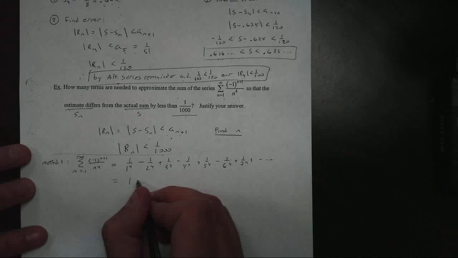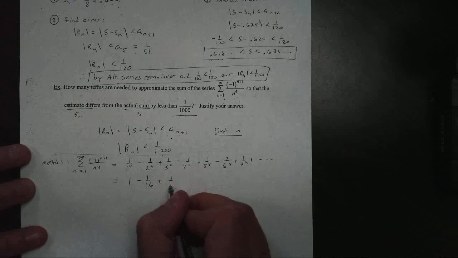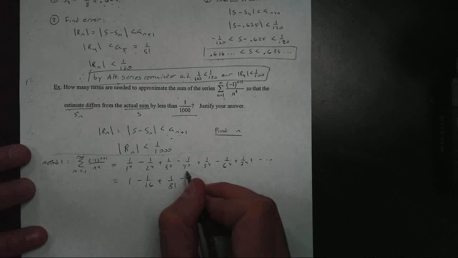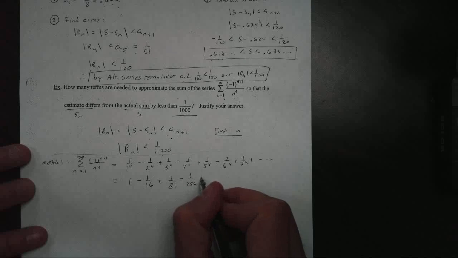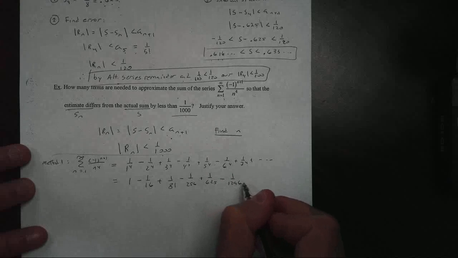This is just 1 minus 1/16 plus 1 over 81 minus 1 over 256, plus 1 over 625, and 1 over, I think that's 1296.